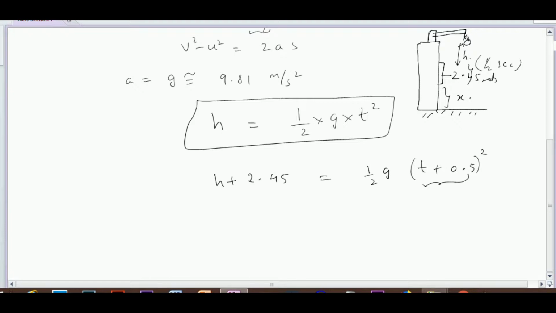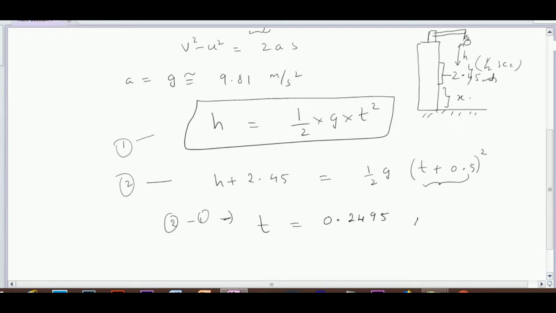How do we solve? Let me name the second one as 2, the first one as 1, and I'll subtract 1 from 2. So if you remove 1 from 2, you will get 2.45 is equal to half into g into (a plus b) whole square for t plus 0.5 whole square, and remove t square there.